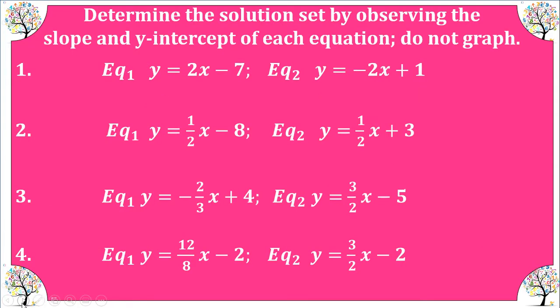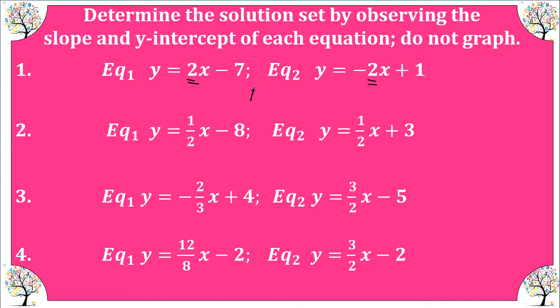Okay, on this exercise, I want us to know how many solutions just by looking at the slope and the y-intercept, so without graphing. When we have different slopes, we immediately know that our two lines will cross at one place. They start at different locations and they will eventually cross.